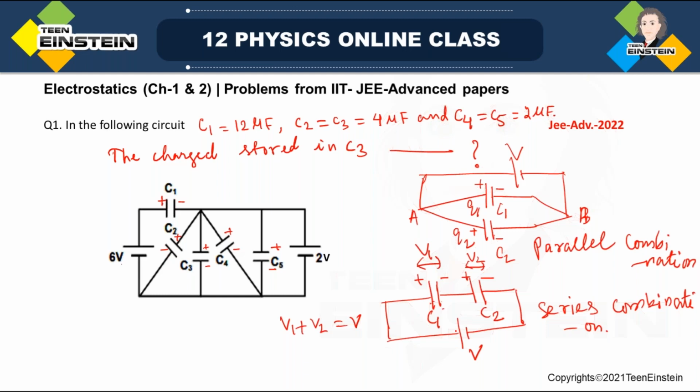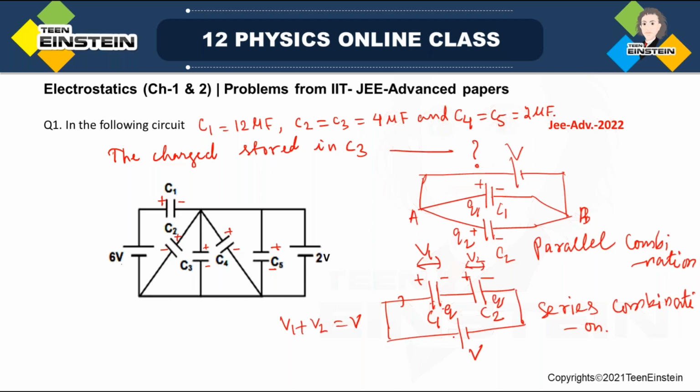Another point, let me talk about charge. Since these two are in series, whatever charge is stored in this capacitor, the same charge will be stored in the other capacitor also, because this is a continuous circuit, so there should not be loss of charge.